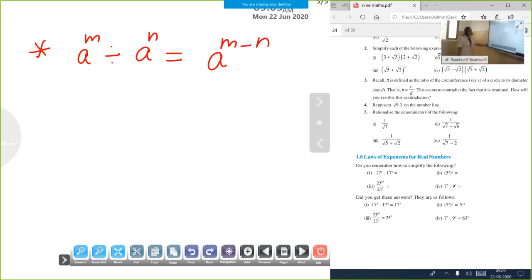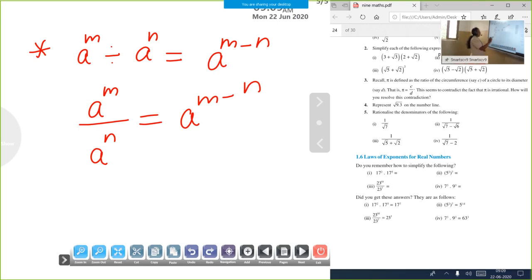So our next formula is a raised to m divided by a raised to n equals a raised to m minus n. The same thing we can write this way also: a raised to m by a raised to n equals, this is also division, our answer is a raised to m minus n.